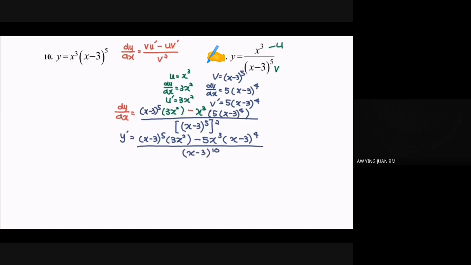Focus on the numerator and then begin to expand and also factorize and then simplify. So in this part, my strategy will be factor the situation where we have a common term, which is (x minus 3) to the power 4 and also the x squared. So we will have (x minus 3) multiplied with 3 because we already factored out (x minus 3) power 4 and also the x squared.